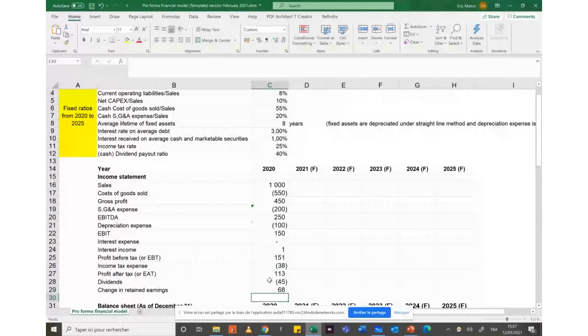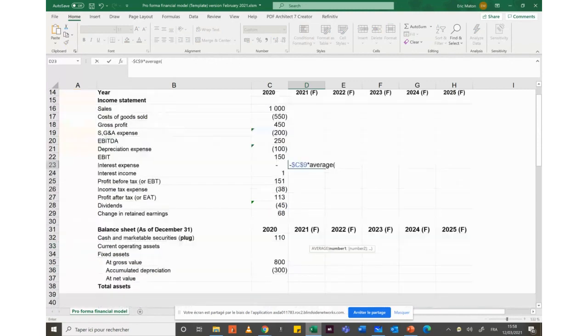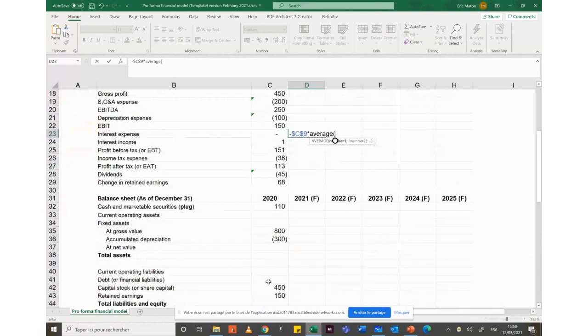For the next year, it will be in function of the average debt and average marketable securities. So here we calculate in function of the average. So minus the interest rate with dollars multiplied by the average debt. Average debt is here. Okay. Opening plus ending.